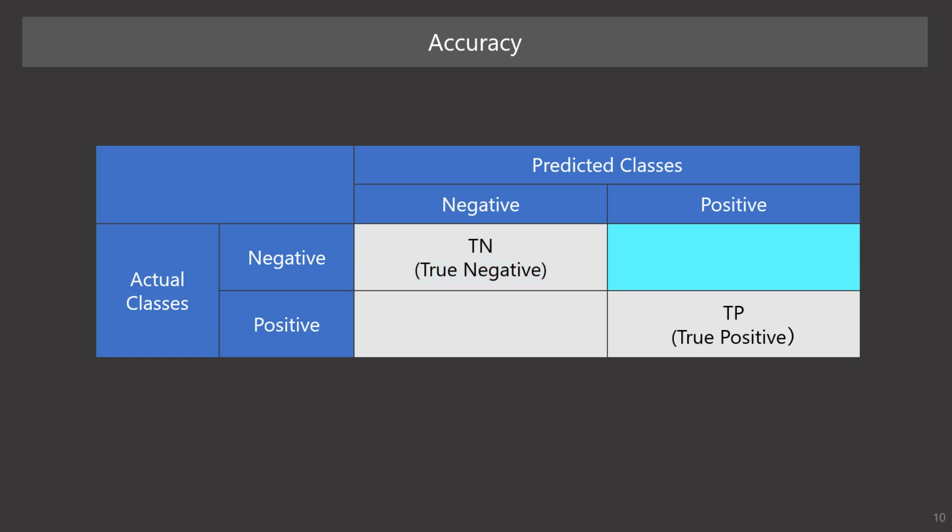If the actual class is negative, but the model predicts it as positive, the model makes a wrong prediction. Such cases are called false positives. If the actual class is positive, but the model predicts it as negative, the model makes a wrong prediction. Such cases are called false negatives.